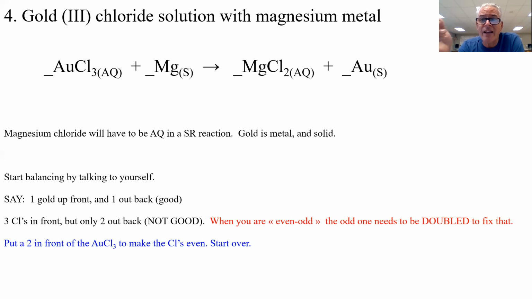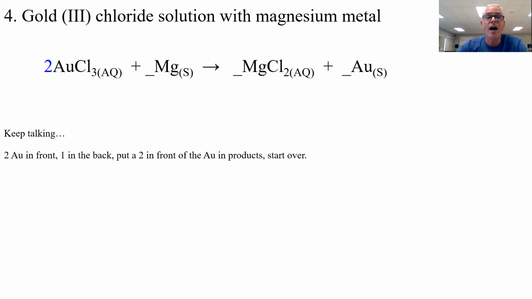So the only way to get an even number of chlorines in the front is to put a 2 in front of the gold Roman numeral 3 chloride, and then we start over again. So watch. I got a 2 out front, and now I'm going to start talking to myself again. There are 2 golds in the front, but there's only 1 gold in the back. In order to fix this, I have to put a 2 in the back, the second gold, and I have to start all over again.